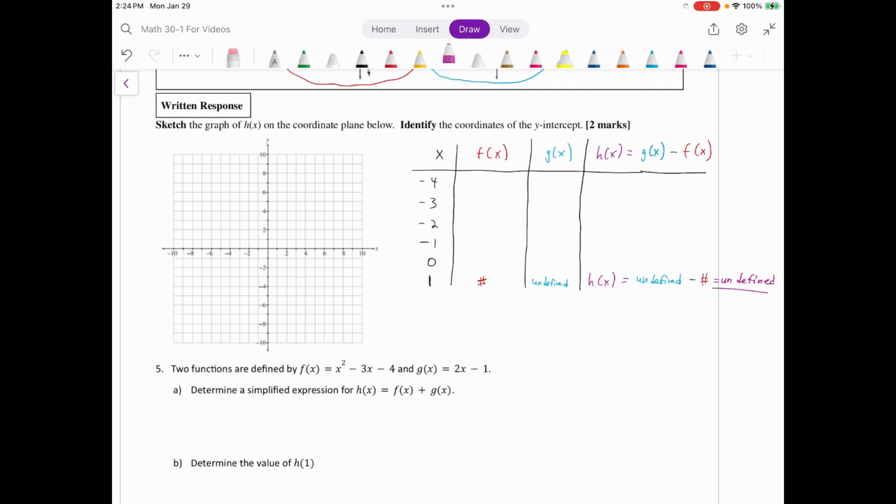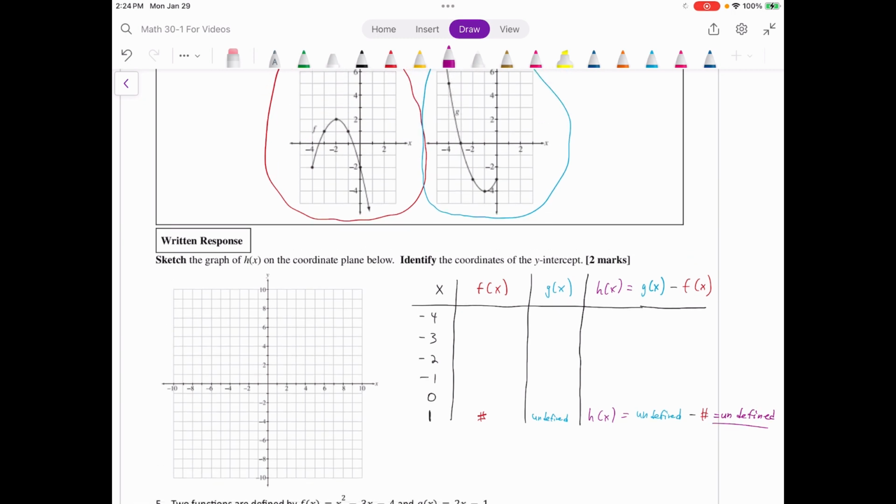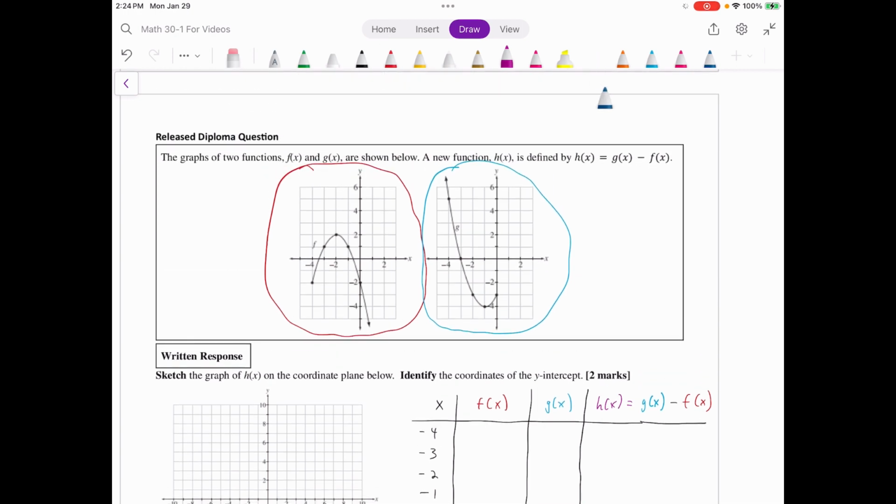It's still undefined. It depends on something undefined, and therefore it itself would be undefined. So just bringing that up, we'll put that on the back burner for now, okay? But a little preview of what we're going to have to think about when we go to graph this thing. Because again, g is not defined beyond x being 0. If x were 1, g of x doesn't exist. And therefore, since h of x depends on g of x, h of x also doesn't exist when x is greater than 0, right?